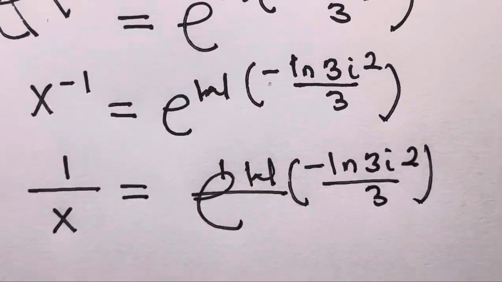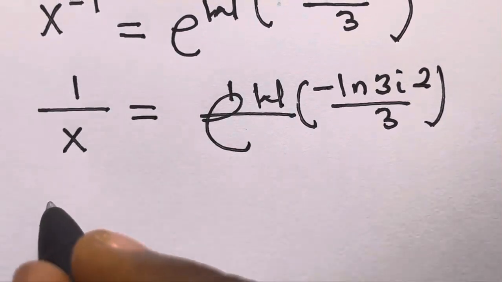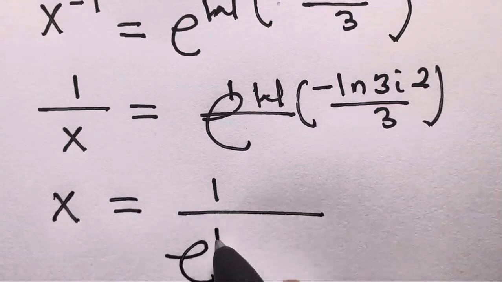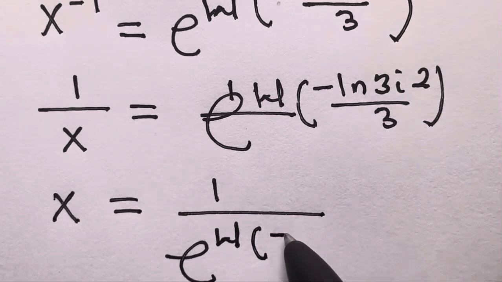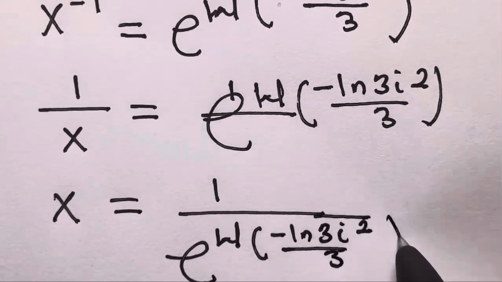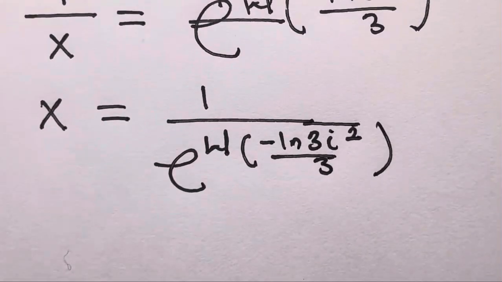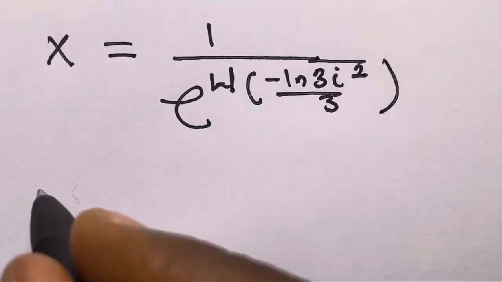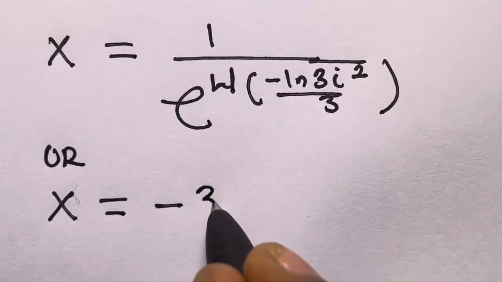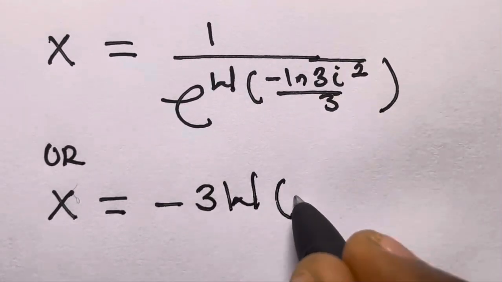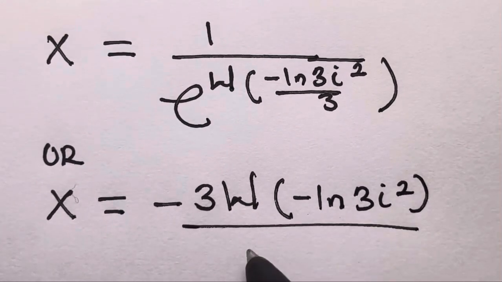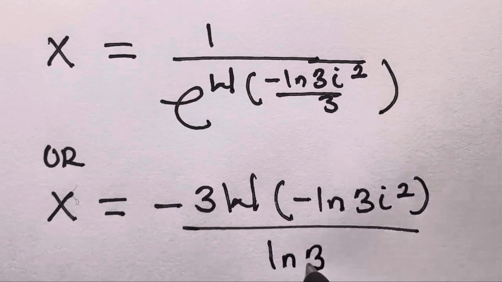So taking the reciprocal of both sides, we will have x equal to 1 divided by exponential Lambert function of minus ln 3i squared divided by 3. So guys, you can leave your answer like this, and if you like, you can leave it like this: x equals minus 3 times the Lambert function of minus ln 3i squared divided by ln 3i squared.